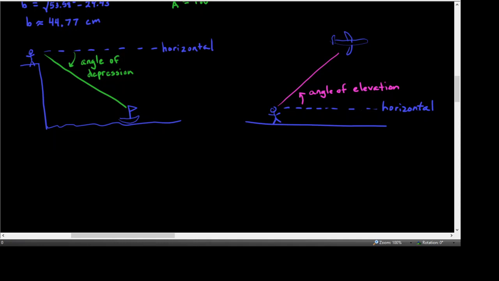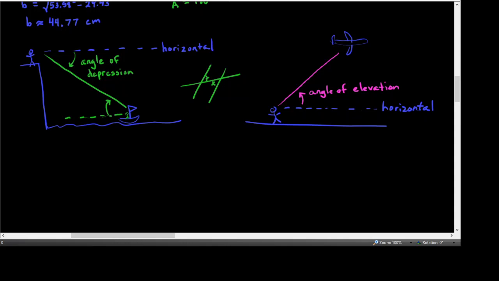The angle, if you were in the boat looking up, and this is your horizontal, then the angle of elevation would be that. And if you know anything from geometry about parallel lines, if you have parallel lines that are cut by a transversal, then the angles on opposite sides on the interior of the two parallel lines are congruent.